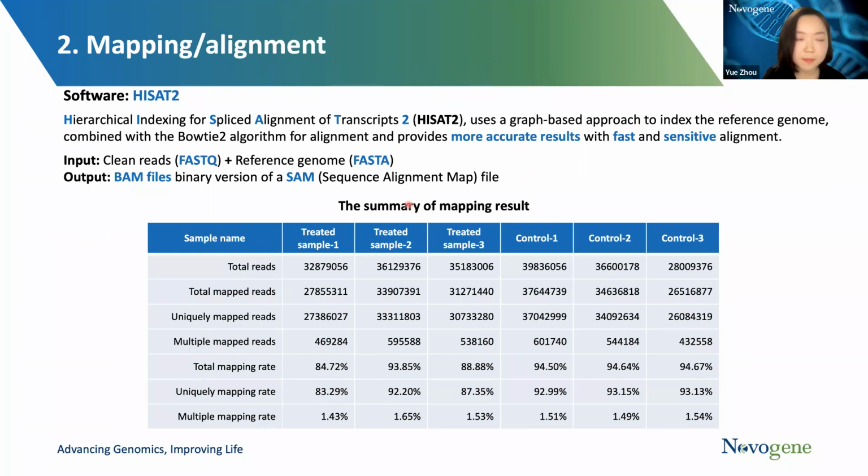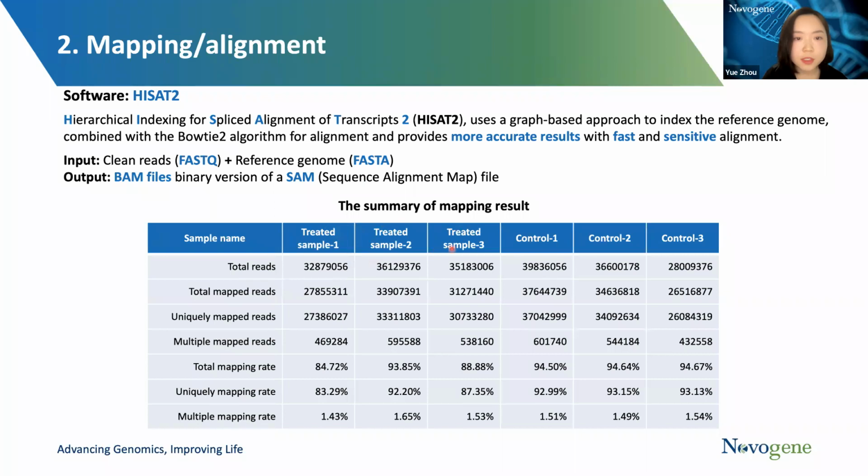So the input for the mapping part is the clean reads that we get after QC, and we also need to provide the reference genome, which is in FASTA file format. The output will be a binary version of a SAM file, which is called a BAM file. Since the BAM file is a binary version and not readable, we just show the summary of the mapping result.